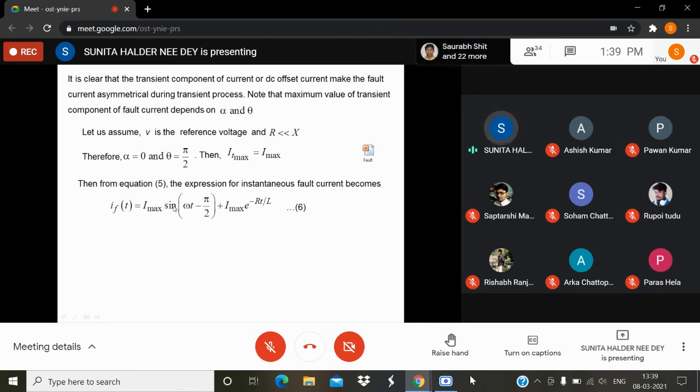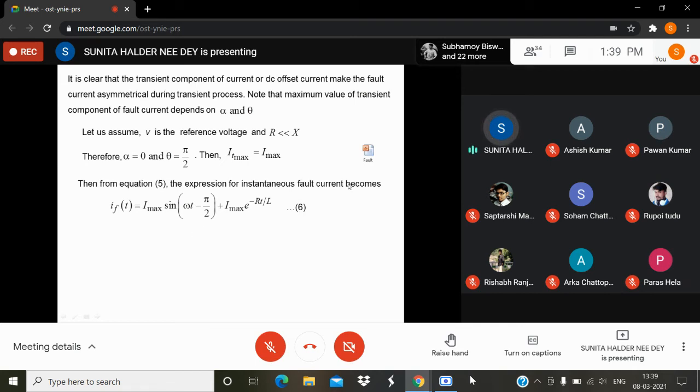Finally, the expression of current. You see the steady state current is written I max sine(omega t minus theta). Now it is written sine(omega t minus pi by 2). I have not converted it into cos, because then the explanation will be difficult for me. So I have written it as sine(omega t minus pi by 2).